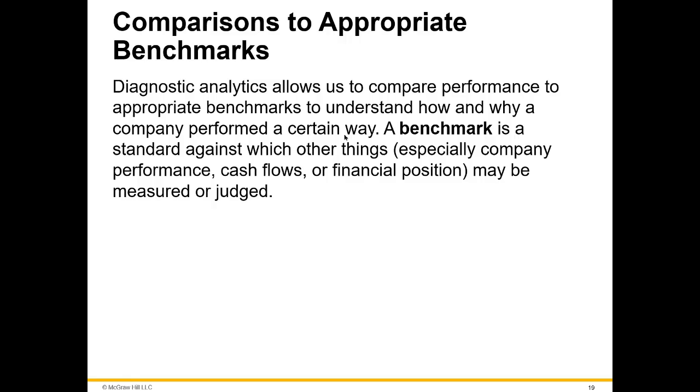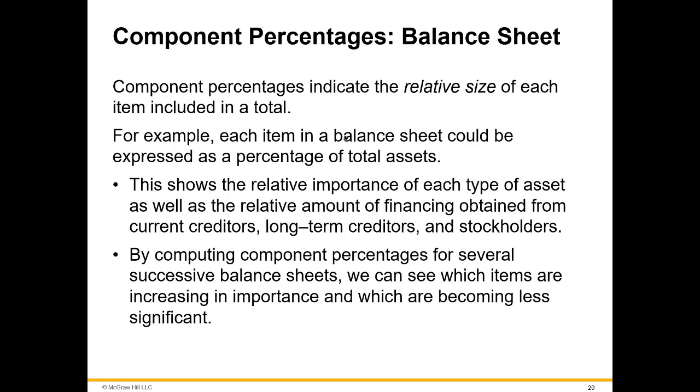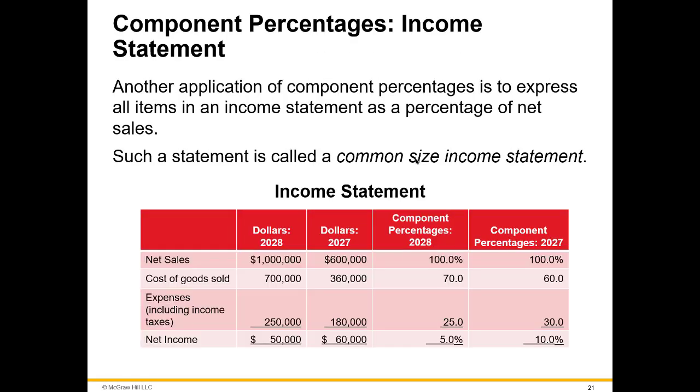Are all good questions. So component percentages of the balance sheet. We sometimes would call this a common size financial statement, where everything is expressed on the balance sheet as a percent of total assets. Or a common size income statement where everything is presented as a percent of sales. And that allows us to compare the amounts over time.